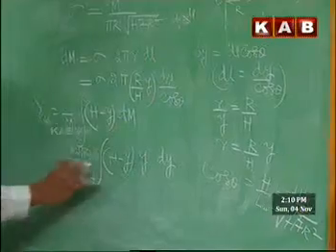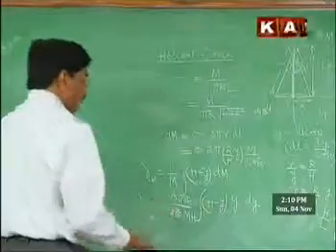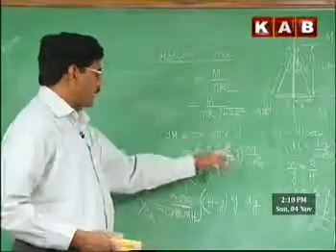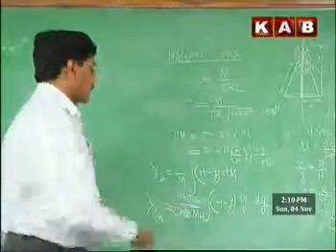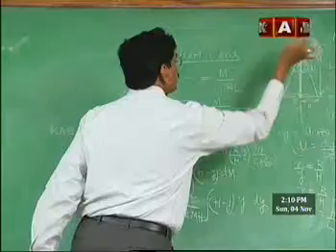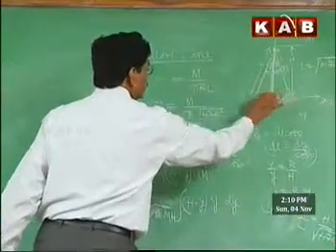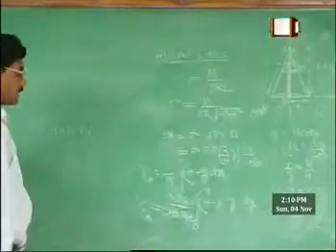Cos theta I can also bring out of the integral because that is also constant. Now what are the limits of y? y equal to 0 corresponds to this ring, y equal to h corresponds to this ring, so y varies between the limits 0 to h. Those are the limits of integration.